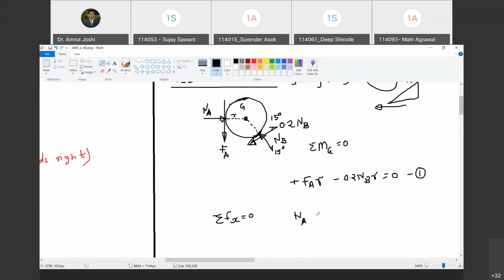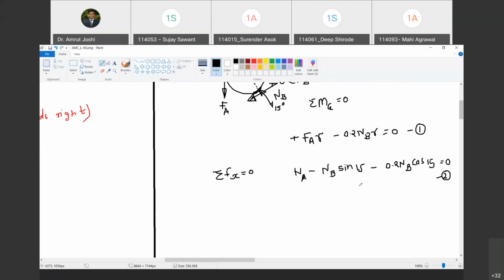Now tell me: NA minus NB sine 15. Do you agree with me? Yes, sir. Minus 0.2 times NB cos 15. This must be equal to 0. This is the second equation. Do you agree with me? Yes, sir.